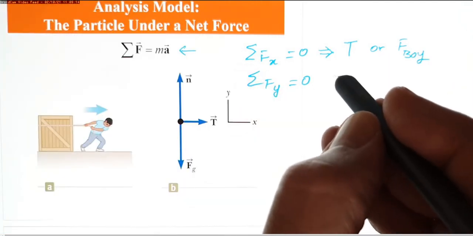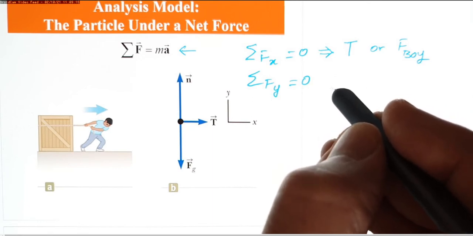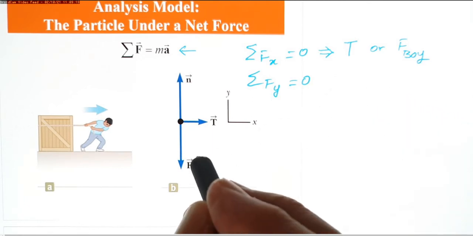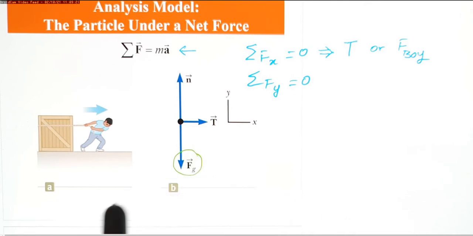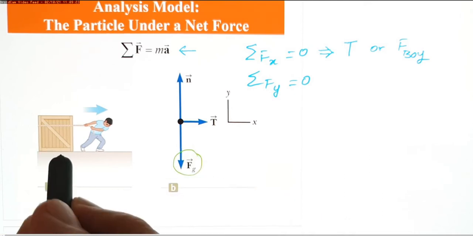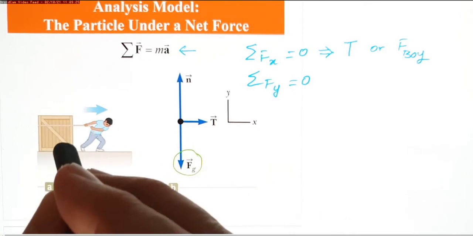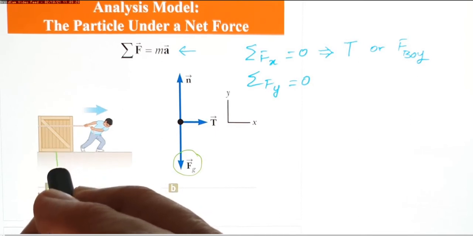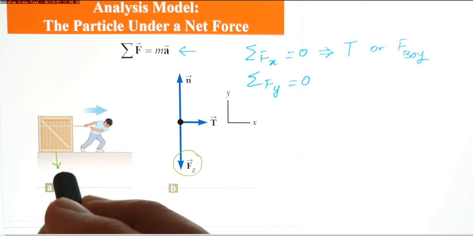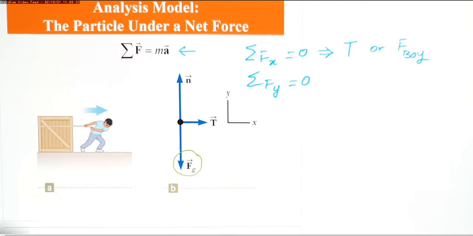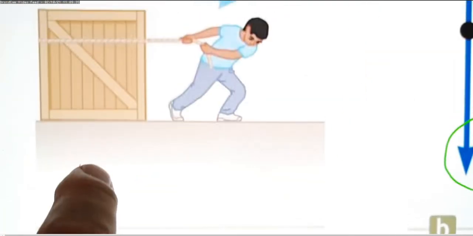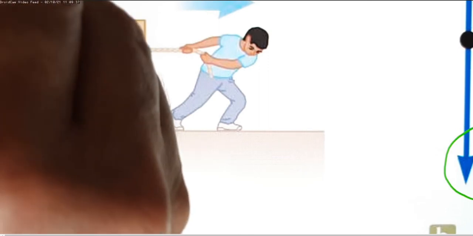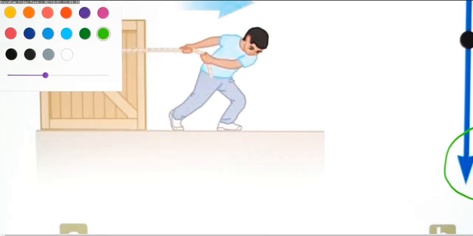Okay, in the y-axis we have the gravitational force pointing downward. Let me have two colors. So this is the gravitational force. Let me enlarge it.